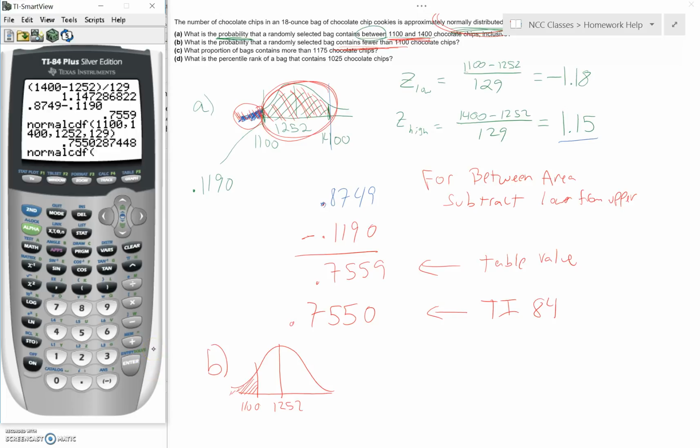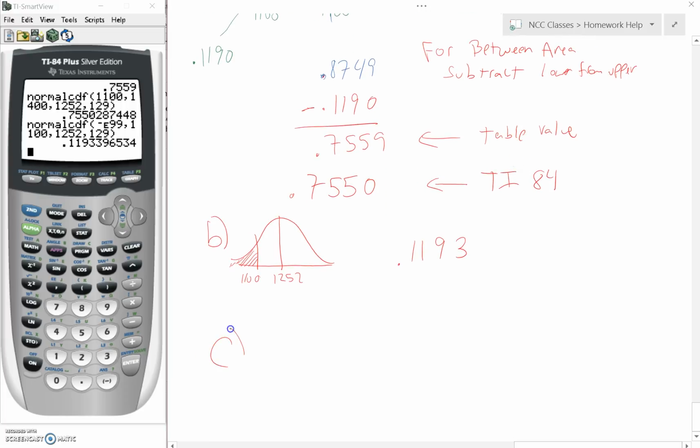We want to know less than, so we're going to have negative second E99 up to our maximum value of 1,100 because it's a less than question. Then the mean, then the standard deviation, and our answer here is 0.1193.